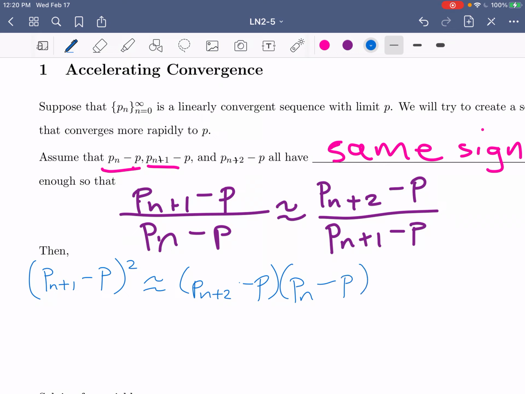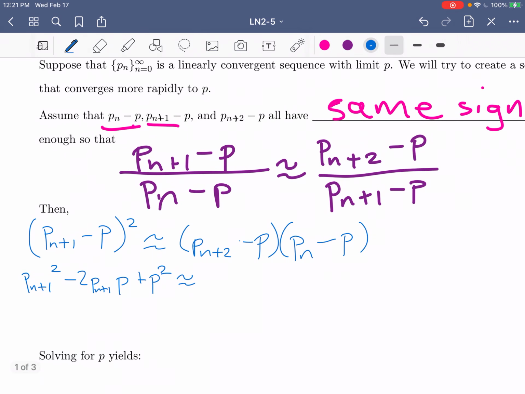And continuing to roll through some algebra, we get p sub n plus 1 squared minus 2 p sub n plus 1 times p plus p squared is approximately p sub n plus 2 times p sub n minus p sub n plus 2 times p minus p sub n times p plus p squared.